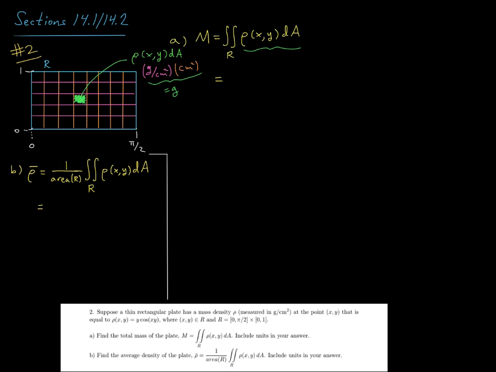Okay, why? Well, because the density there is just telling me the mass density in units of grams per square centimeter, and then I'm just multiplying that by my little area in square centimeters. So in other words, this product is just going to tell me the mass of this little differential rectangle, in this case, in units of grams, okay?